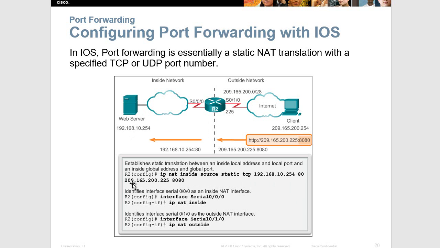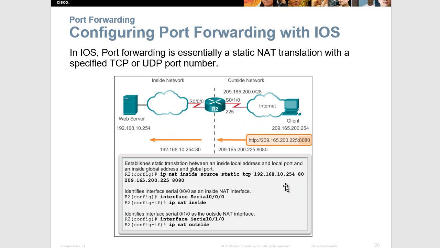Okay, and it's going to forward any traffic that it receives on 209.165.200.225 and port 8080. So this port out here, if that address receives traffic on port 8080, it's automatically going to go to this IP address and to that port.